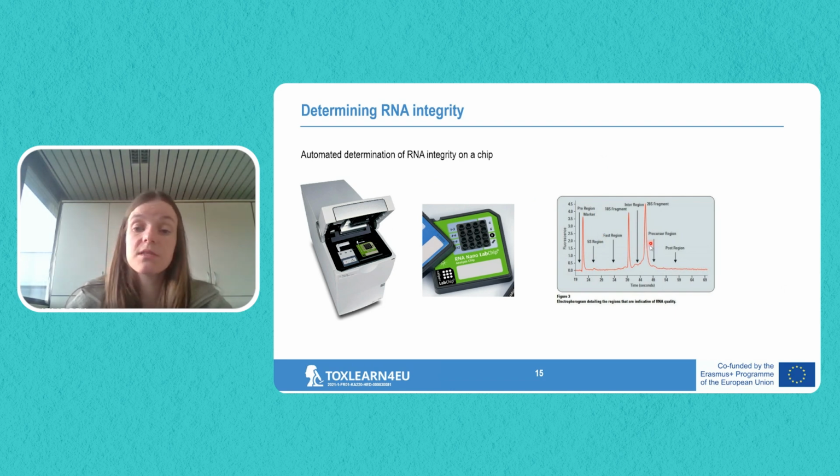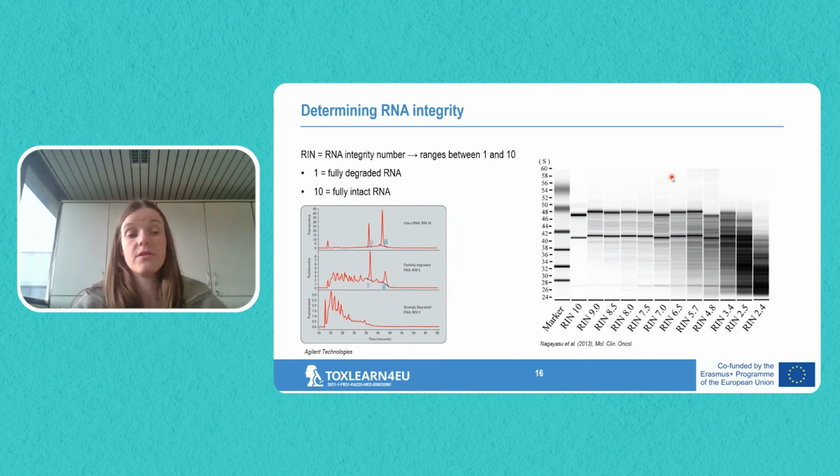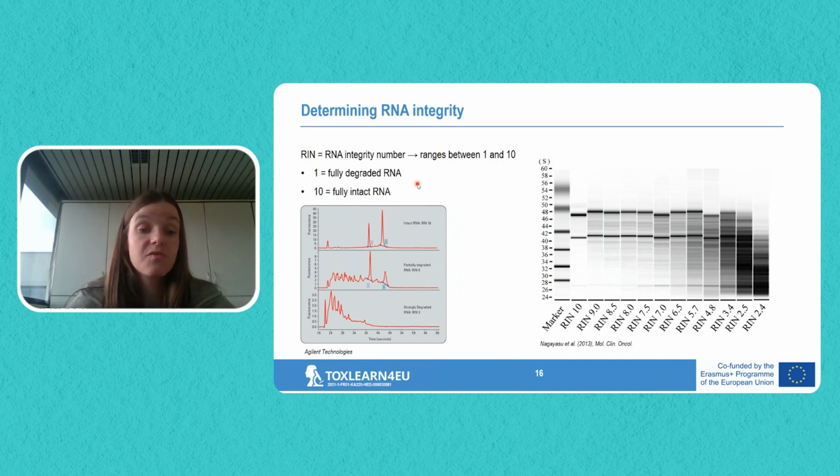And two of these peaks correspond to the 18S ribosomal RNA fragment and the 28S ribosomal RNA fragment. And based on this pattern that you observe here, the device will calculate a so-called RIN, or RNA integrity number, and this value will range between 1 and 10. And 1 means that the RNA is fully degraded, and 10 means that the RNA is completely intact.